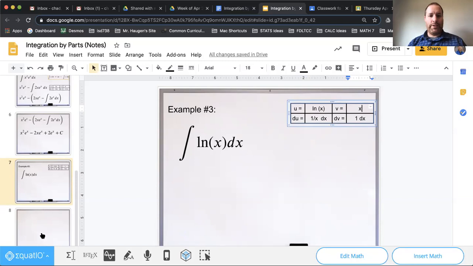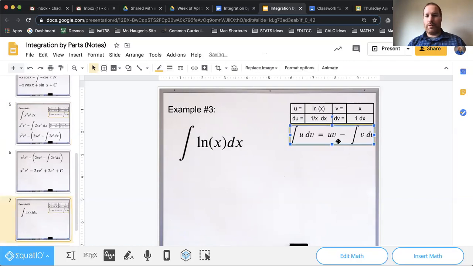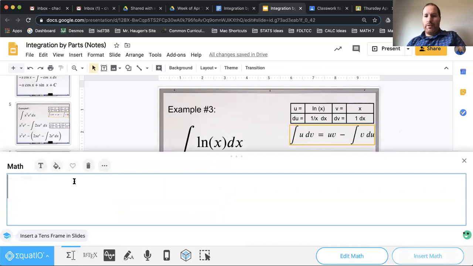So when we go to fill this in, let's see if I can grab this again so I can follow my equation here. Our formula says we should do u times v, so that's x times the natural log of x.